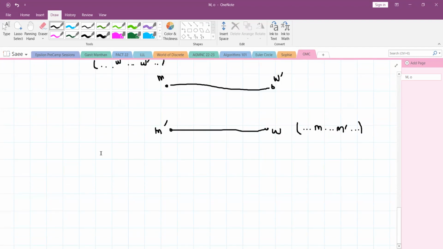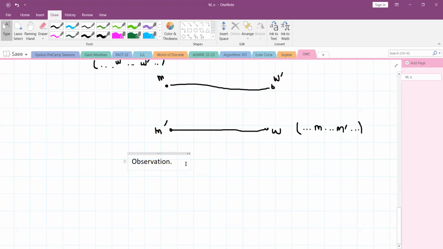So before we proceed to the rest of the proof, I'm just going to state a small observation and see if it makes sense. What happens during the course of the algorithm? What happens to the partner? Let's say initially a woman W was paired with M. And then W later on went and rejected M. So W got paired with somebody else, and so on.